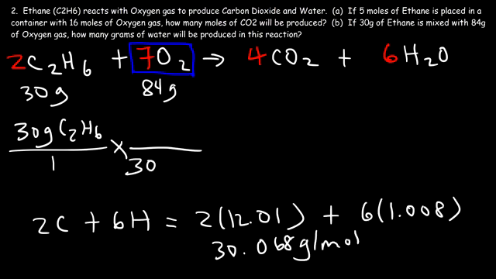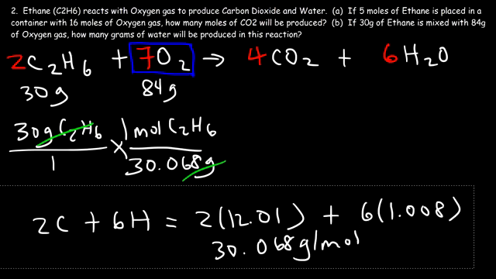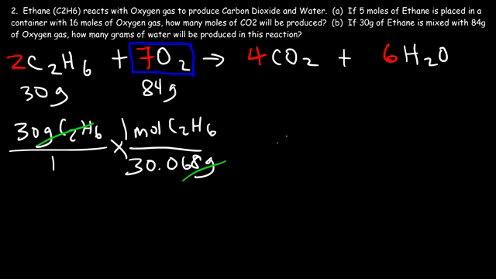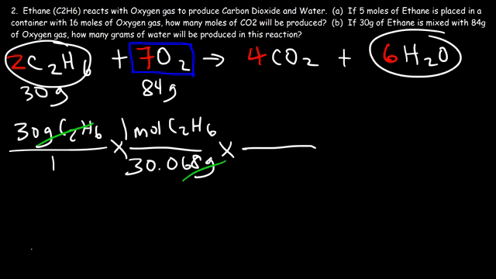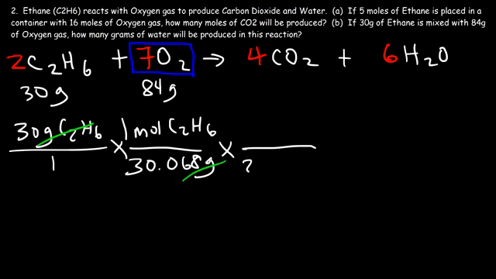Let's put the grams on the bottom and the moles of ethane on top. Now let's use the molar ratio to change the substance from ethane to water. It's a 2 to 6 ratio. For every 2 moles of ethane that reacts, 6 moles of water will be produced.